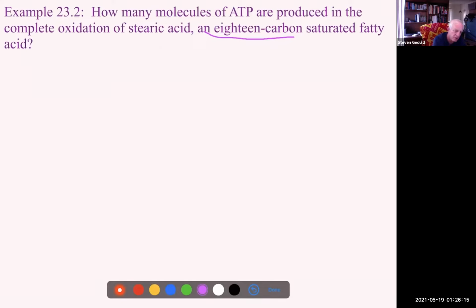So you're going to produce 9 acetyl coenzyme A's. You're going to break 8 bonds, so you're going to produce 8 NADHs and 8 FADH2s. And it takes 2 to initiate to get started.